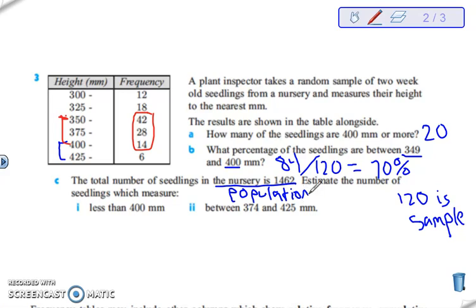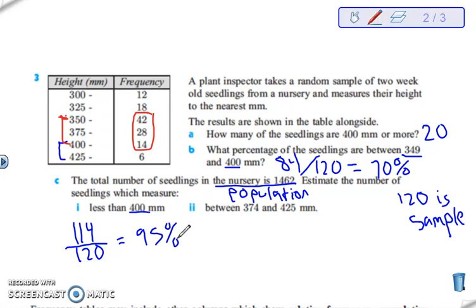So we want to estimate the total population that is less than 400. If I count up in my sample, if I'm taking less than 400, it's basically everything except those final 6. So there were 114 out of the 120 that were less than 400, which is 95%.